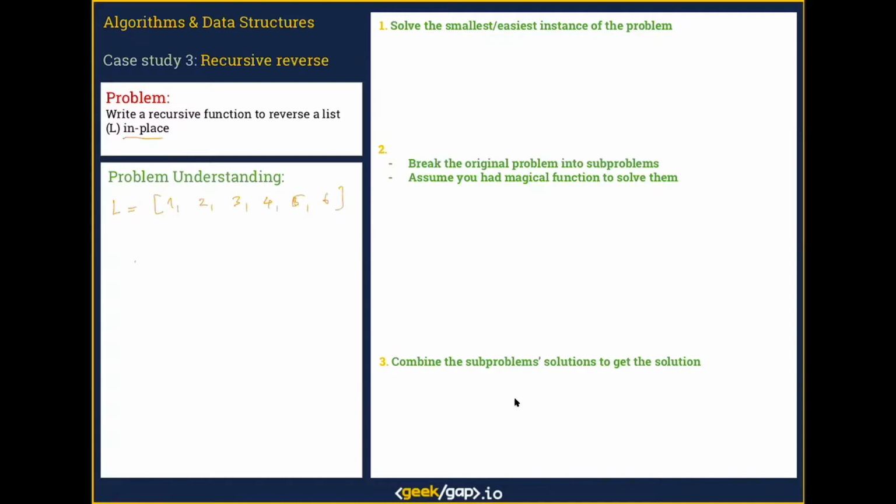The problem says reverse this list in place. So at the end of the day, what we want is for L to look like this: 6, 5, 4, 3, 2, 1. Are we on the same page?